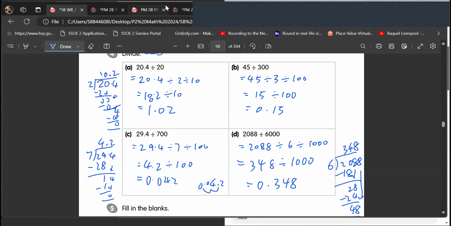I hope nobody by now is doing very long division. 204 divided by 20 in long division, that doesn't work. Neither will 2,088 divided by 6,000 in long division, that will not work. Please, by now you should know that you are doing it in steps. Divide by the whole number first before you divide by the multiples of 10.